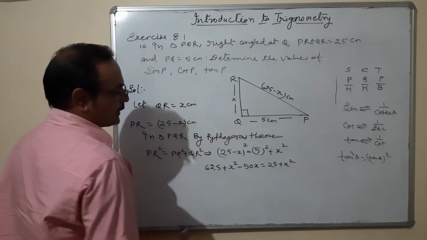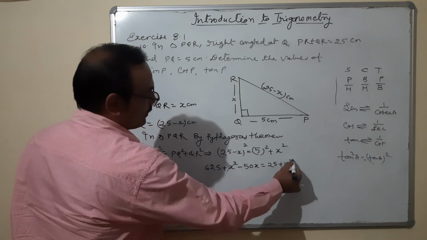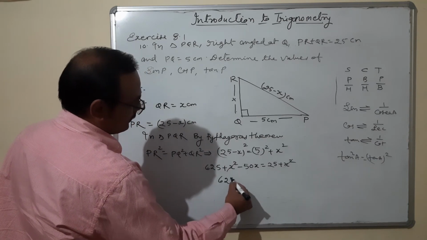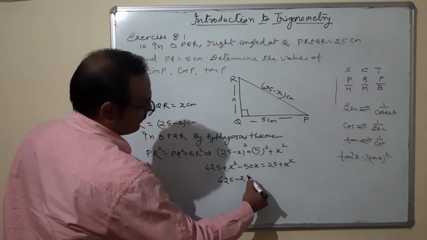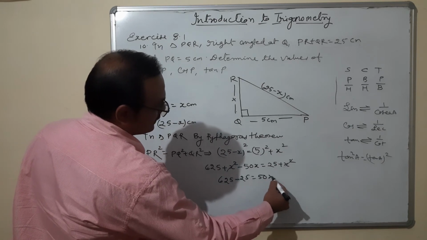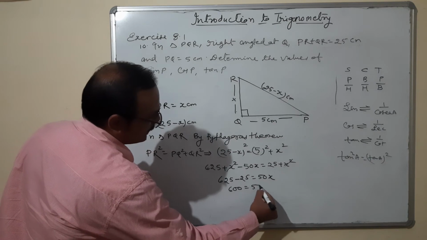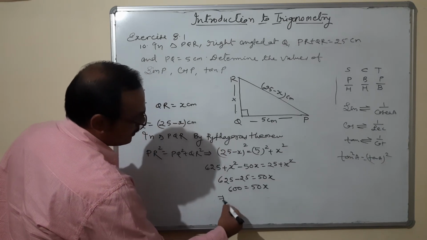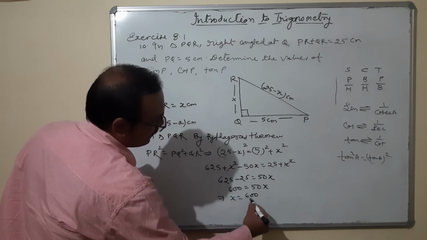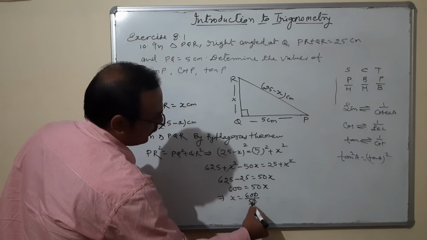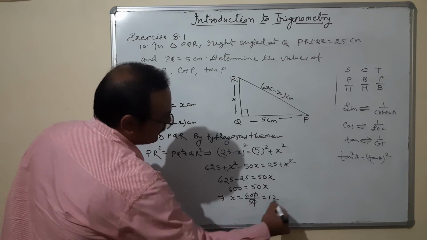So x square can be cancelled. So 625 minus 25 is equal to 50x. 625 minus 25 is 600, equal to 50x. That means x is 600 upon 50, which is 12.